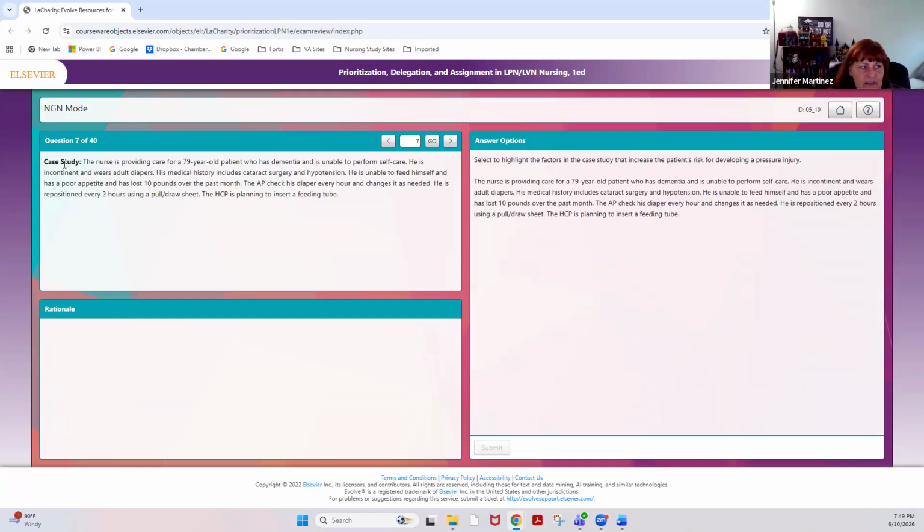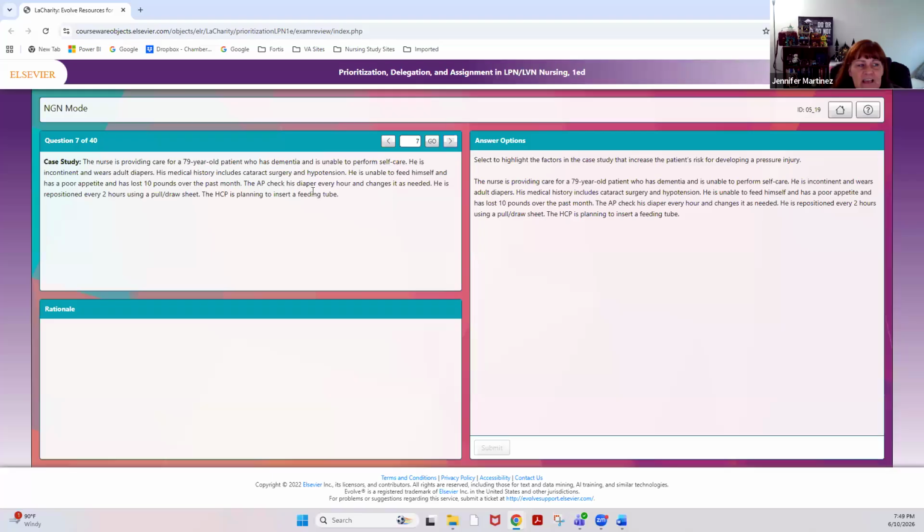All right, this one's a case study. So the nurse is providing care for a 79-year-old patient who has dementia and is unable to perform self-care. He is incontinent and wears adult diapers. I hate that term, but okay. His medical history includes cataract surgery and hypotension. He is unable to feed himself and has a poor appetite and has lost 10 pounds over the past month.